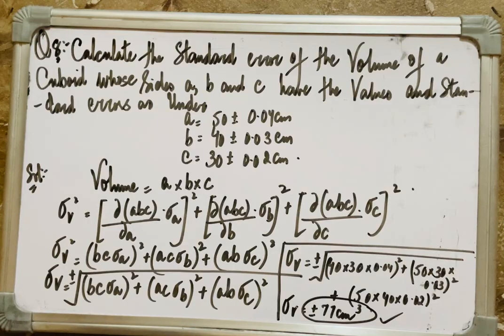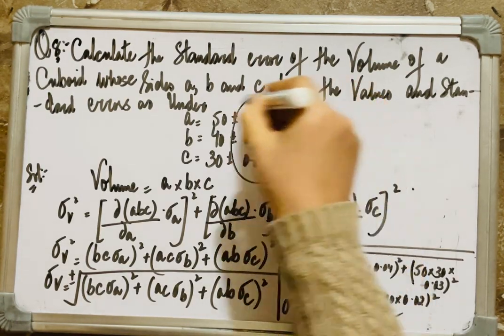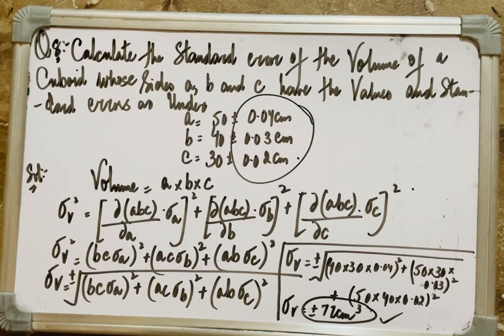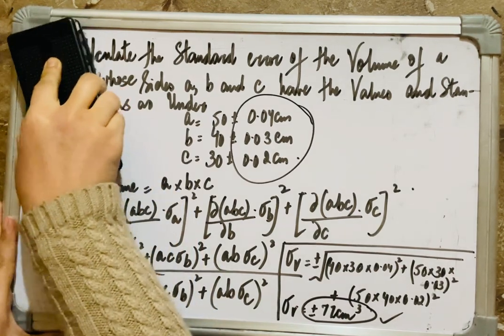Standard error in the volume of this cuboid is given by plus minus 77 cubic centimeters. All right. So this was the question, and we use the same method of differentiating the observed quantities and calculating the combined effect of the propagation of the standard errors in each of the sides. All right. Moving on, let's do question number 9.